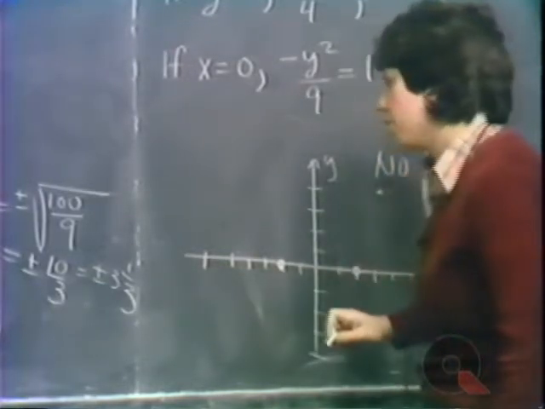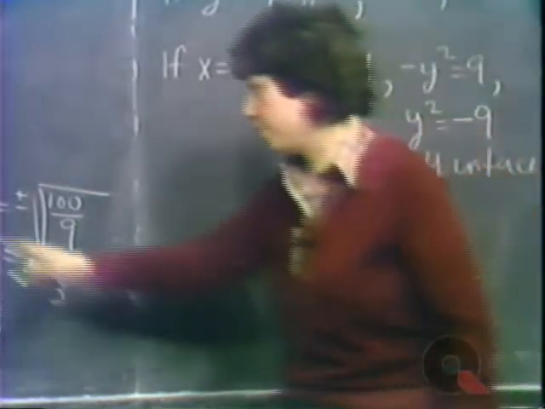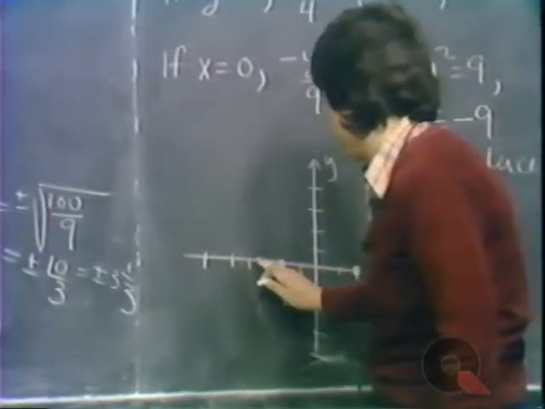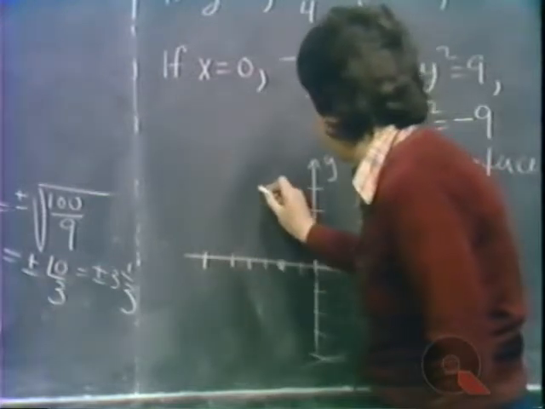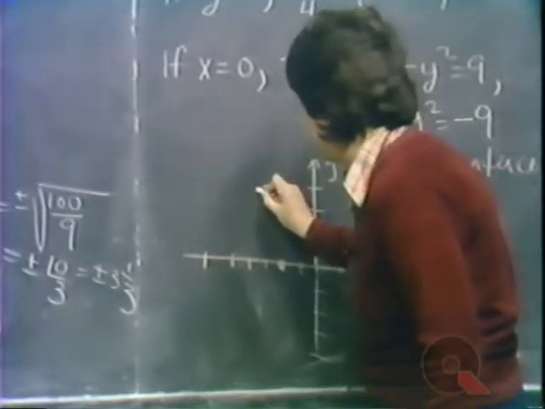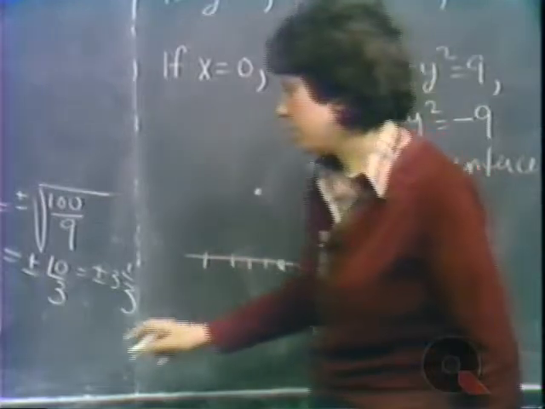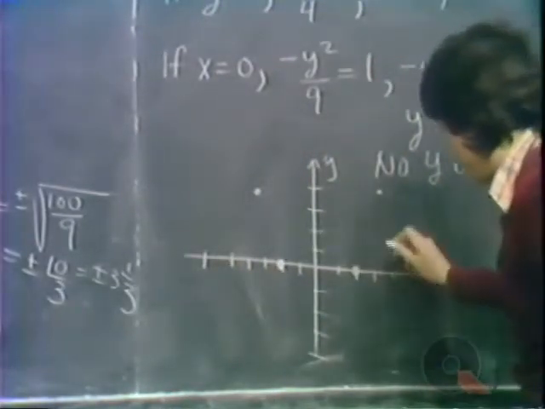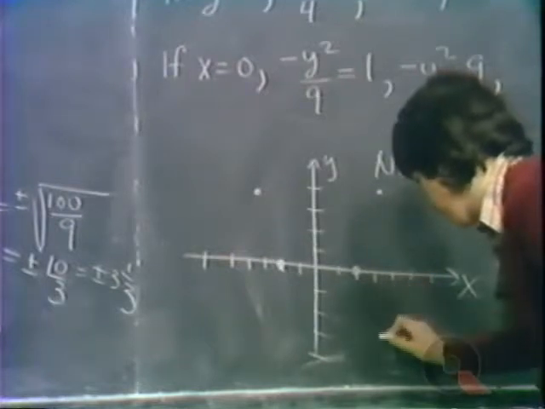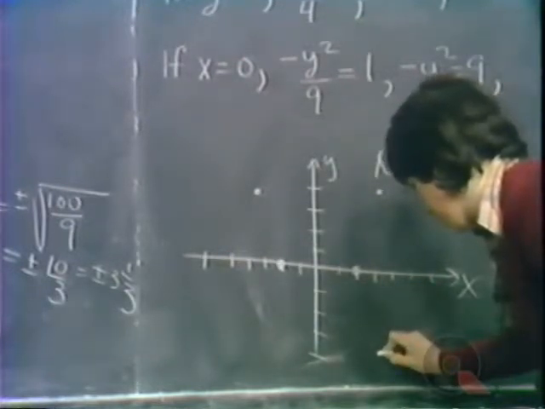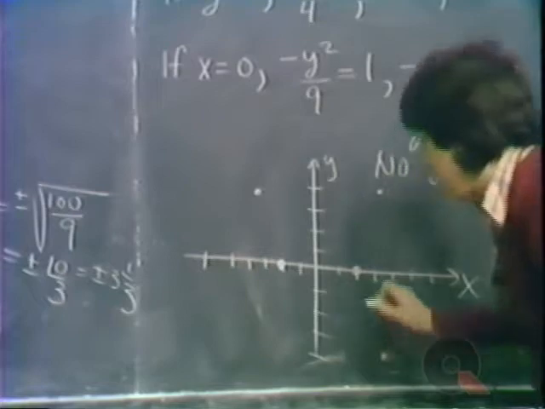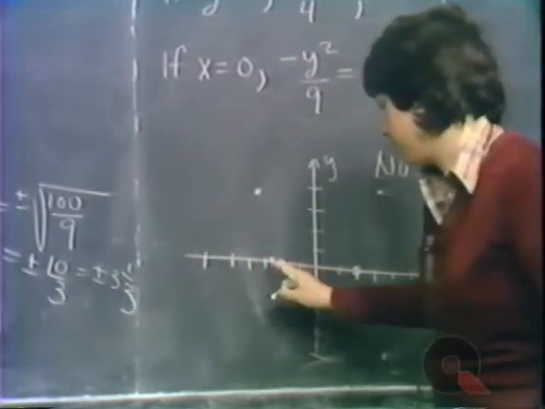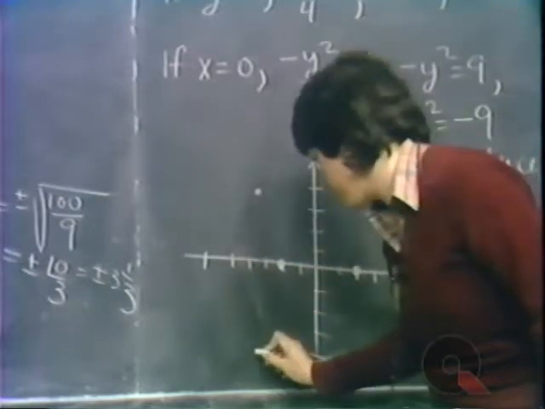Then we have also minus 3 1/3, comma 4, over here. Also 3 1/3, comma minus 4. And minus 3 1/3, comma minus 4, which is down here.